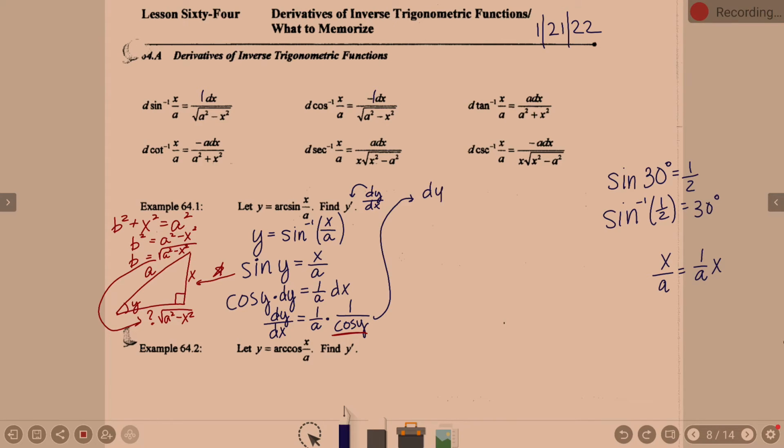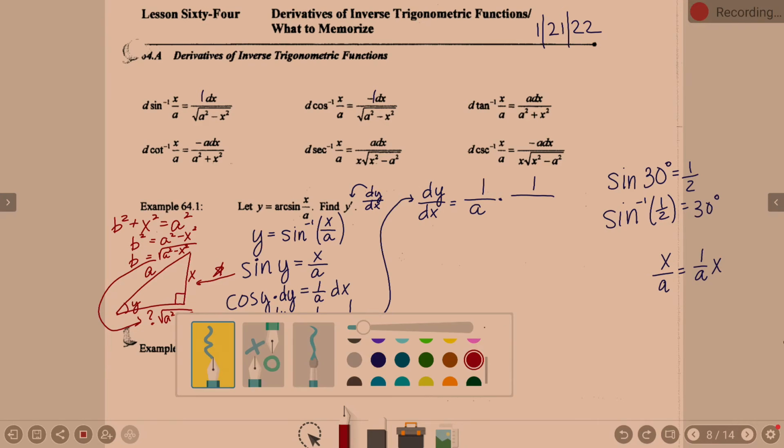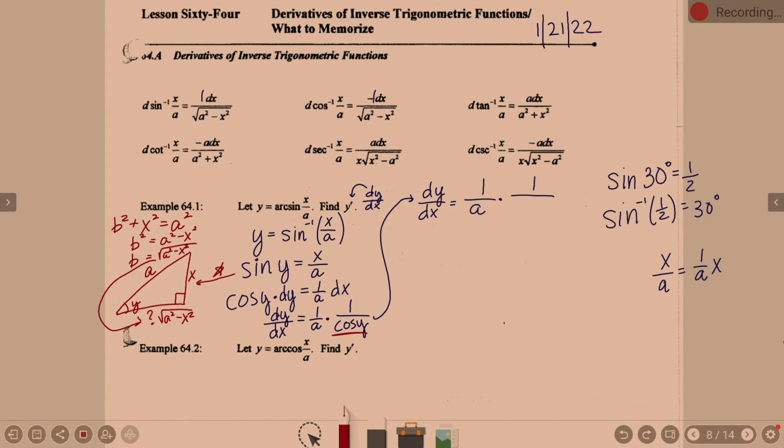So going back over here, dy dx was equal to 1 over a times 1 over cosine of y. Go back to your triangle.